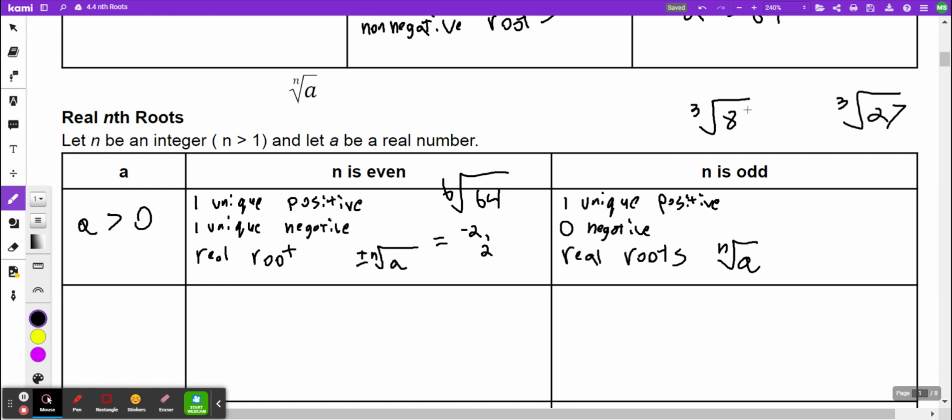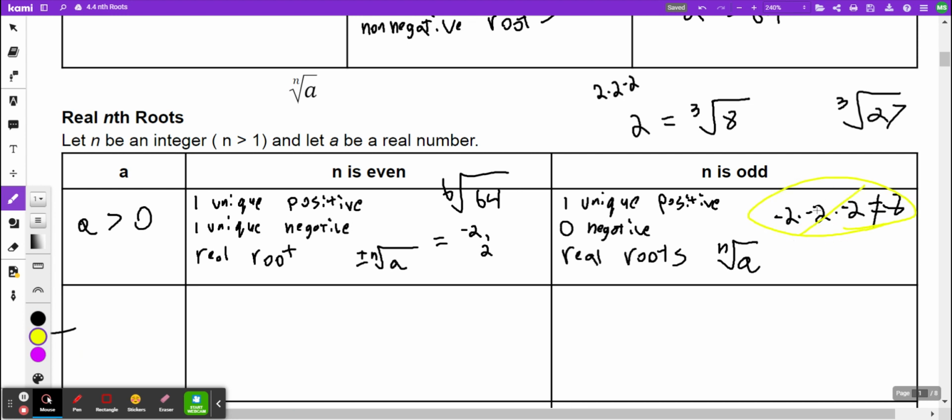So for example, the cube root of 8 is 2. It's not negative 2, because I'm going to have 2 times 2 times 2. That's equal to 8. But if I did negative times negative times negative, I would get a negative answer. So negative 2 times negative 2 times negative 2 does not equal 8.